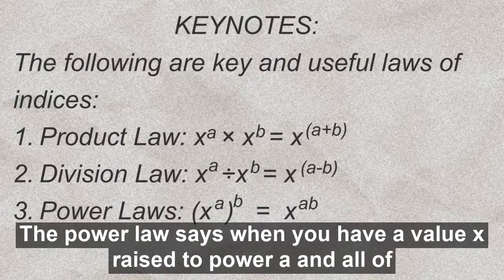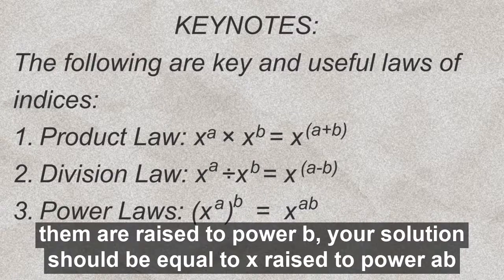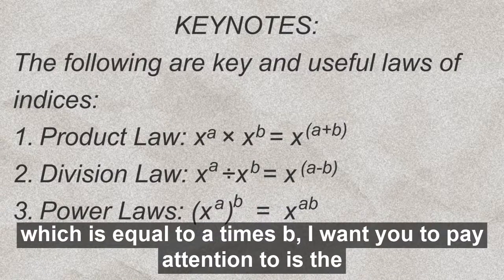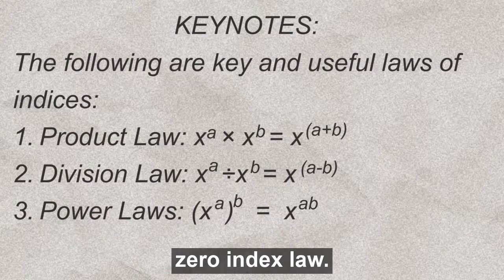The power law says when you have a value x raised to power a and all of them are raised to power b, your solution should be equal to x raised to power ab, which is equal to a times b.